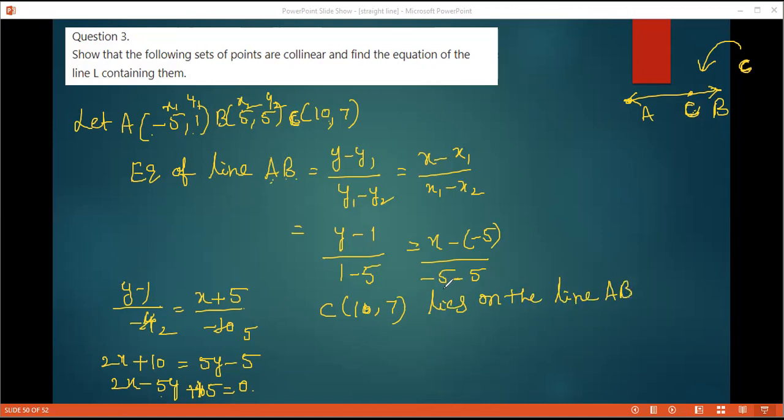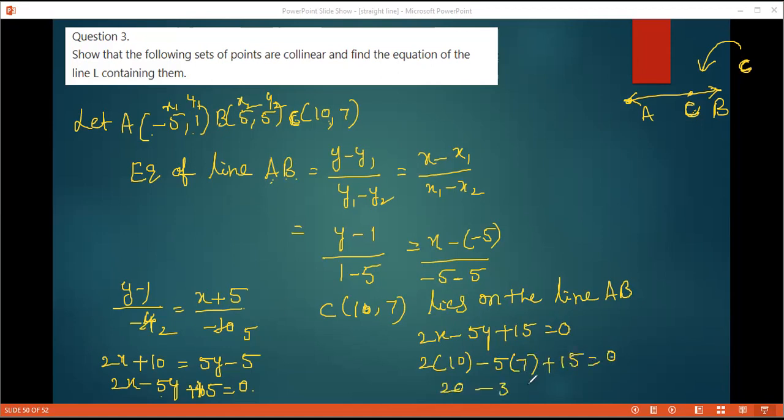Then what happens? We are checking whether it is on the line AB or not, whether 2x minus 5y plus 15 is equal to 0 is satisfied. So 2 into 10 minus 5 into 7 plus 15 is equal to 0.